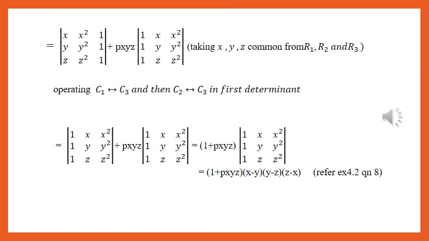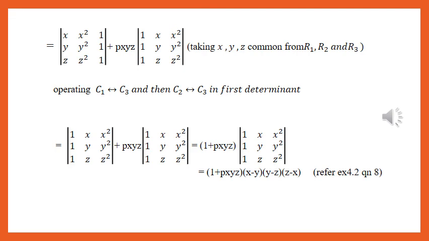Isn't it? When you interchange first column and third column, one negative sign will be there. But again we do one more interchange, that is between C2 and C3. So 2 times interchange is there. So we have positive sign only. So we can make first determinant and second determinant exactly same.